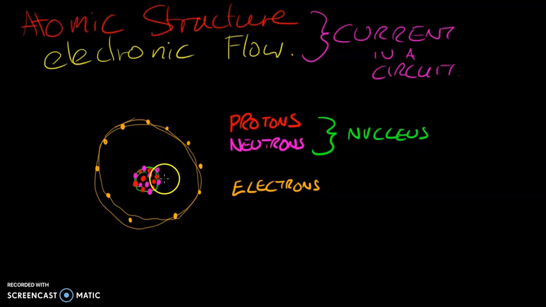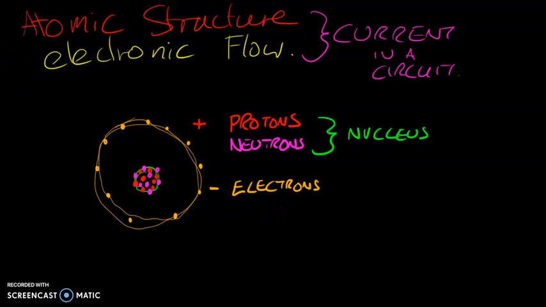Now, we're talking about electricity here, so we need to talk about how an atom behaves electrically. And it's very simple. We have charges. Some of the subatomic particles in the atom are charge carriers, have electrical charges. The proton has a positive charge, a plus charge, and the electron has a negative charge, a minus charge.